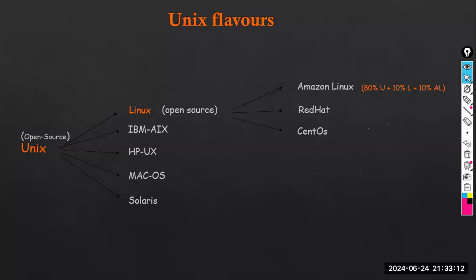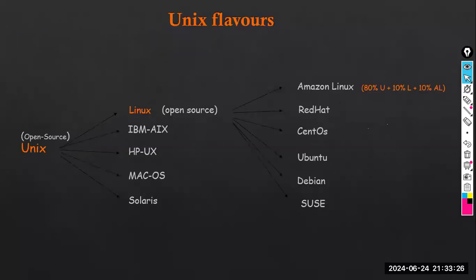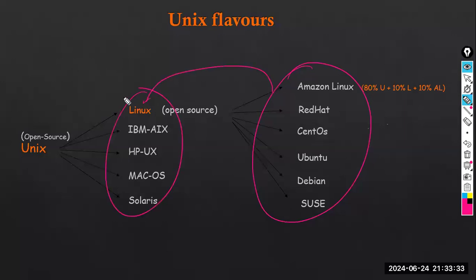CentOS means Community Enterprise Operating System. Similarly, Ubuntu operating system also originated from Linux. Debian also originated from Linux. SUSE, these operating systems are originated from Linux. So these are all originated from Linux, and all these are originated from Unix.